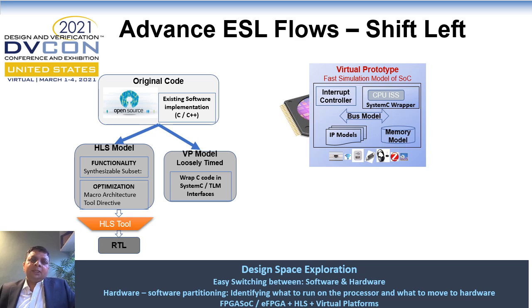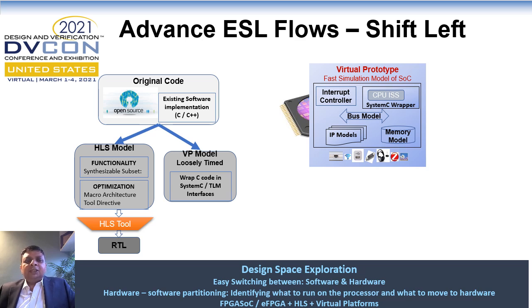There has been talk in the industry about why we can't have the same model for HLS and the virtual platform. Technically it's not possible to have the same model, because for HLS we require a model which is synthesizable, and for a virtual prototype we require a model which is as fast as possible. But if we start with the existing software implementation, then we can at least have the same starting point.